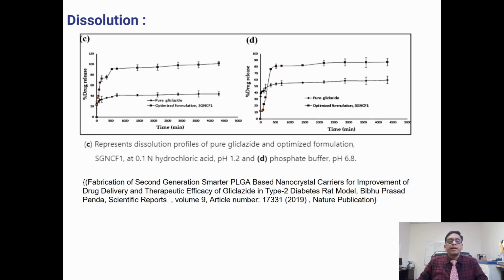In this graph, it depicts that the dissolution profile of the same drug has to be carried out in 0.1 N hydrochloric acid, pH 2, and phosphate buffer pH 6.8.